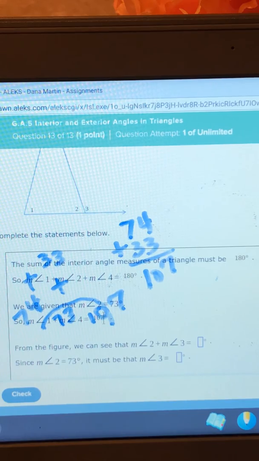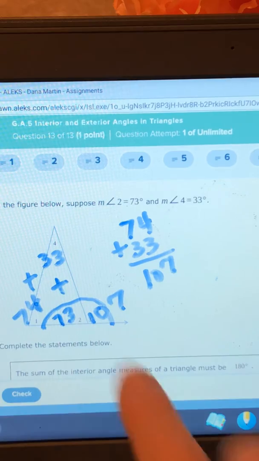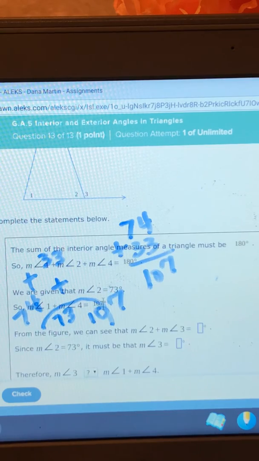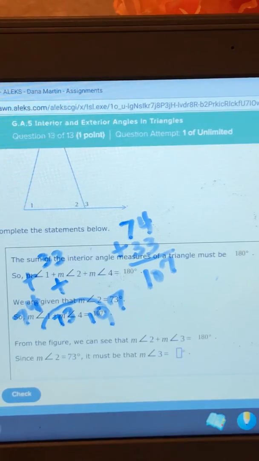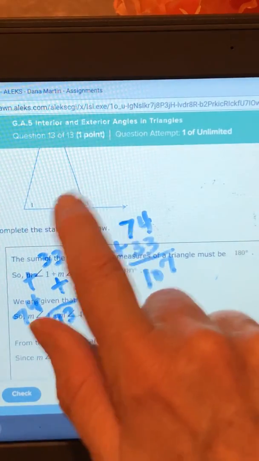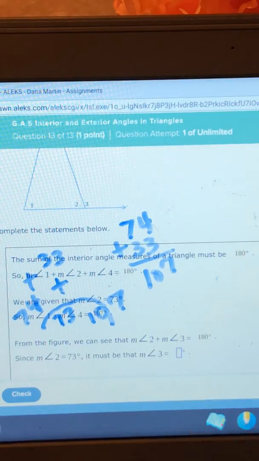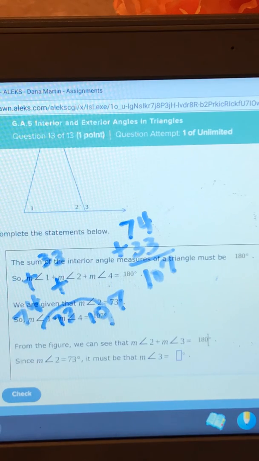So from the figure, we can see that the measure of angle 2 plus the measure of angle 3, they're asking what angles 2 and 3 equal if you add them together. When we add 2 and 3, it's also 180. Why? Because that is supplementary, okay? Since angle 2 is 73 degrees, it must be that the measure of angle 3 is 107.